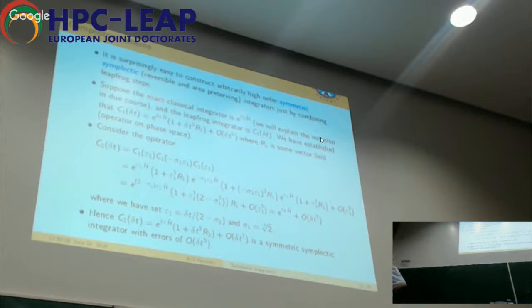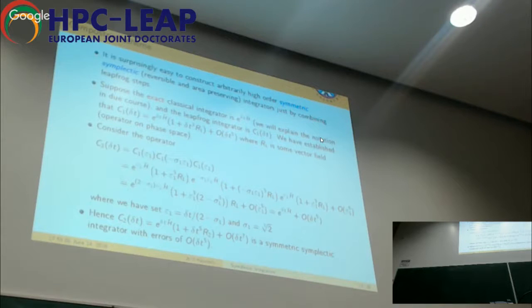All we care about really is that R1 produces the leading delta tau cubed error. It can produce higher order error bits as well, but we just lump them all together in the order delta tau to the fifth part, which is still there as well.